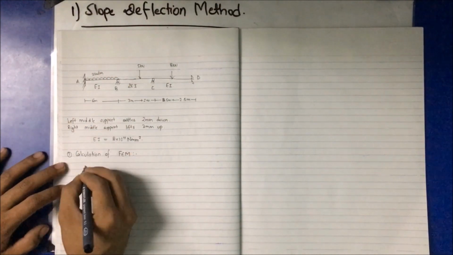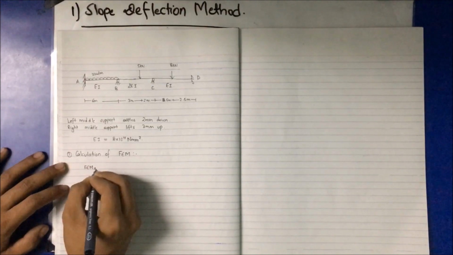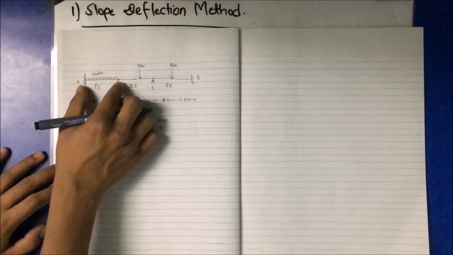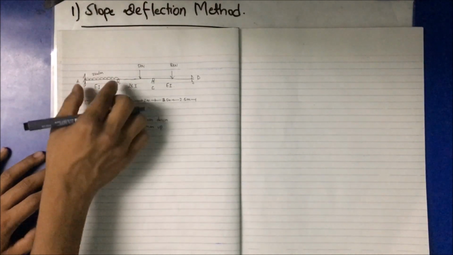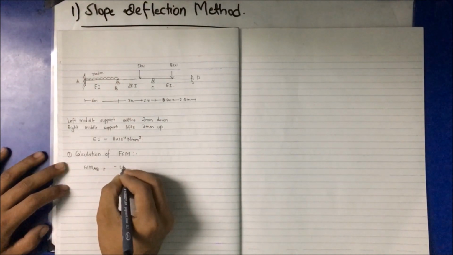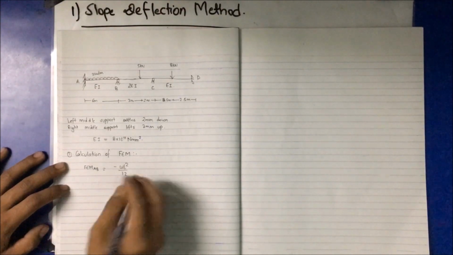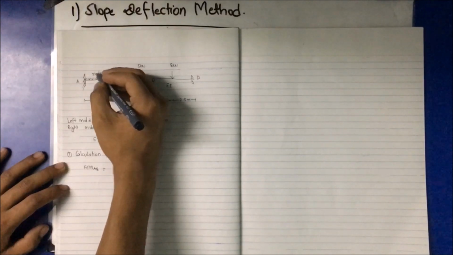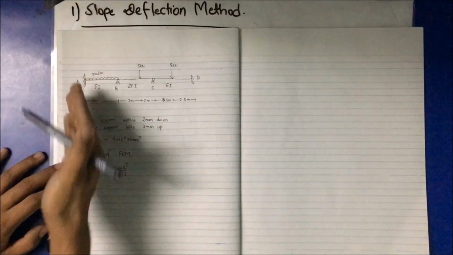For fixed end moment of AB, we have the formula. It is a UDL, and for UDL the moment is given by WL square by 12, with a negative sign because we are moving from left to right, and it gives an anti-clockwise moment towards B.